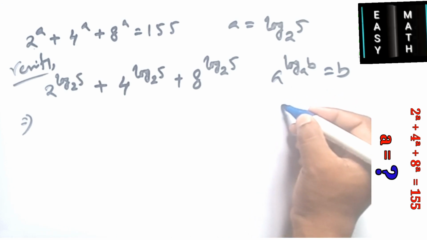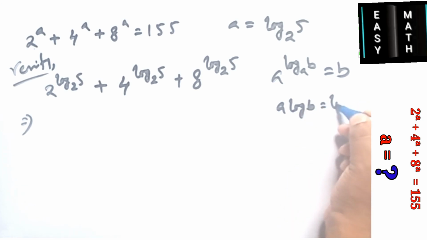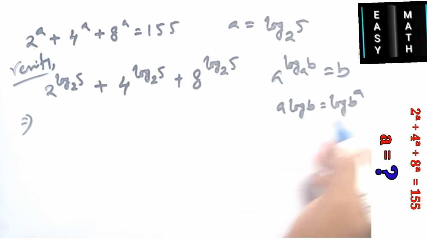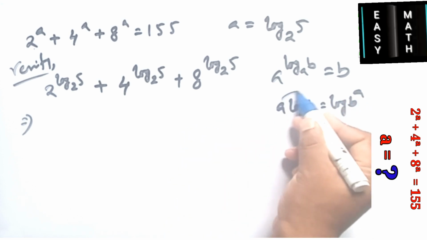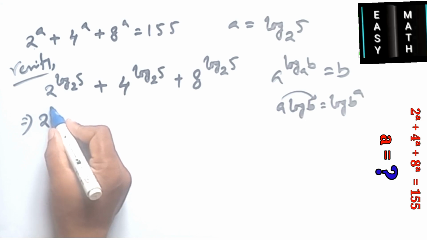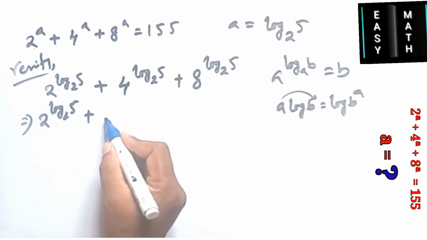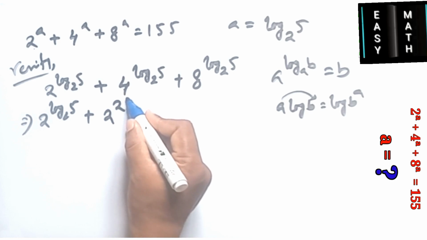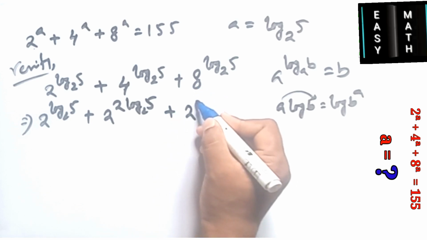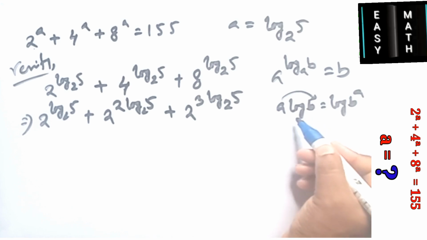And another we can write a log b is equal to log b square, b with the power a, you can write of this. And now there is the 2 to the power log 2 base 5, and this is 4, so put square log 2 base 5, and this is 8, so 2 cube log 2 base 5, and use this formula.